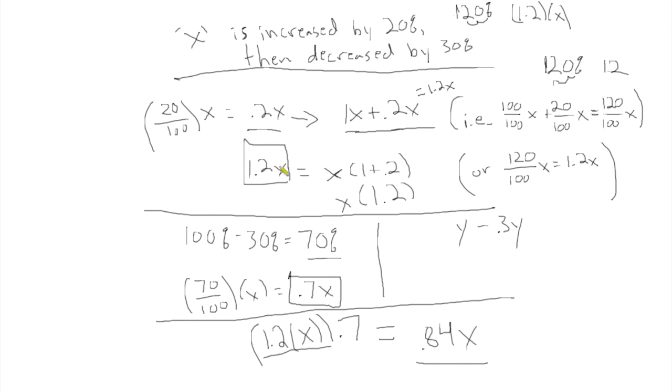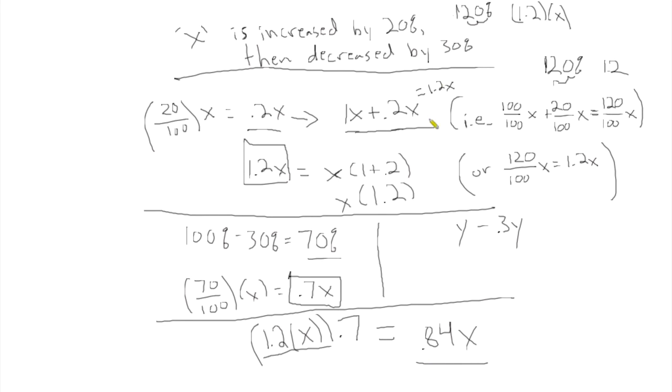And then this number that we get as a result is decreased by 30%, i.e. we take 70% of it. So multiply the number by 0.7. So the number we get as a result of increasing x by 20% times 0.7. And when you multiply this out, 1.2 times 0.7 comes out to 0.84.